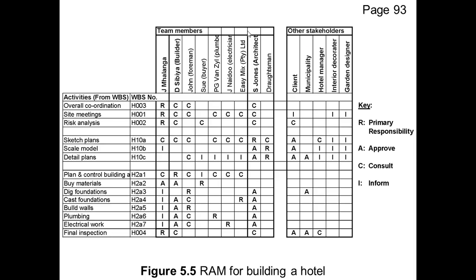So you can see that if we draw this up at the beginning and we make it available to all the stakeholders, it can be used as a tool for communication, because if in, for example, the detailed plans, you can see here that on this specific responsibility allocation matrix, James Schlanger, who we've said is the project manager, is not informed or consulted about the detailed plans.